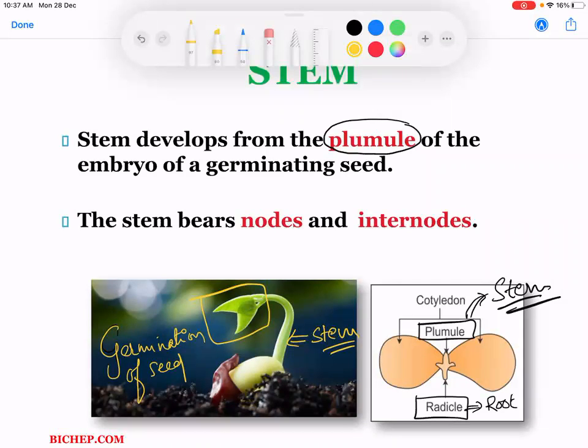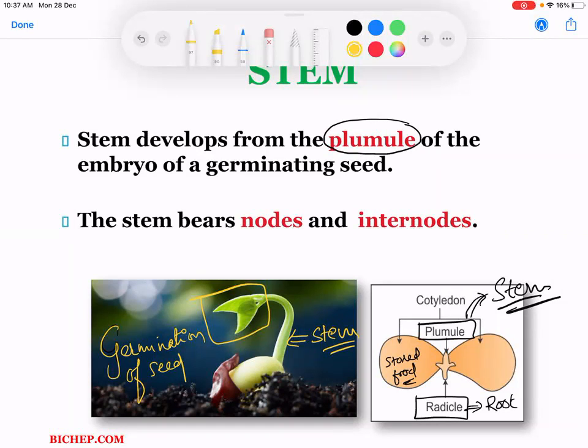Because to start photosynthesis, to produce food. Now, till the leaf grows and starts photosynthesis, they have stored food in the cotyledon, and they utilize that stored food from the cotyledons.